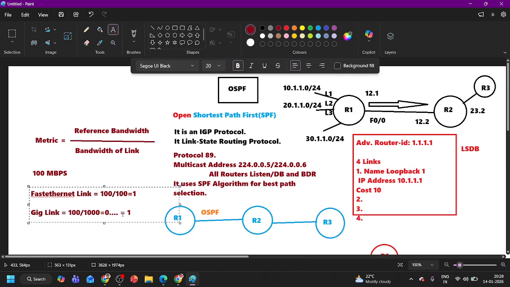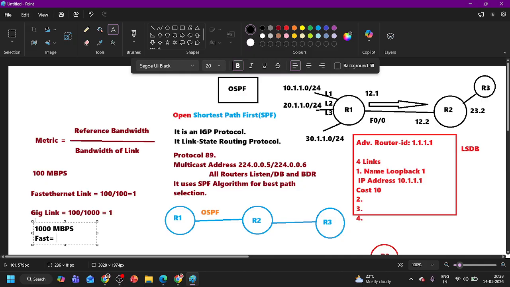So the OSPF metric on a Fast Ethernet link is 1 and on a gig link is also 1. Why? It means we have not configured the reference bandwidth properly here. If I change the reference bandwidth from 100 to 1000, the reference bandwidth is now 1000 Mbps. Now tell me, on a Fast Ethernet link, what will the cost metric be?